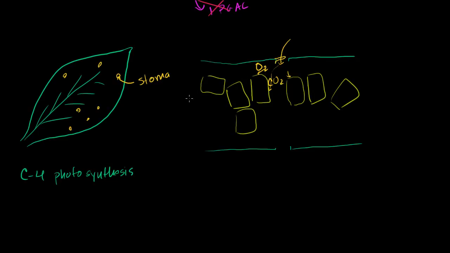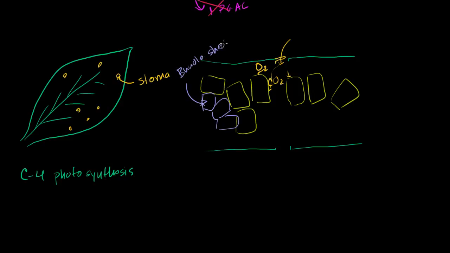And so you have these bundle sheath cells, and these are actually the cells that surround the actual pipes in the plant that distribute the fluid up and down the plant. And we'll do a whole video on the anatomy of the plant. I really just want you to understand what's going on in C4 photosynthesis. So you have these other cells that are more embedded. They don't have direct access to the air. So these are bundle sheath cells.